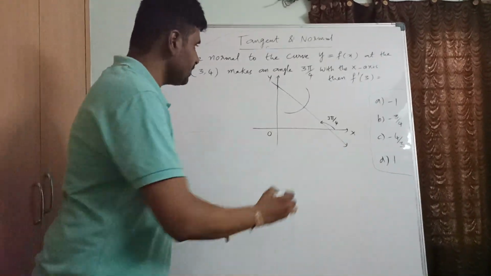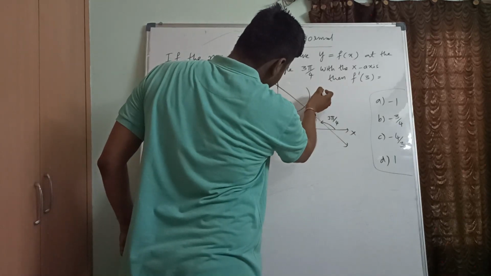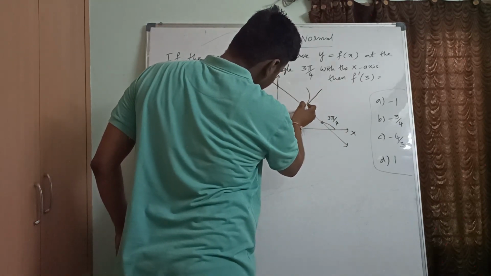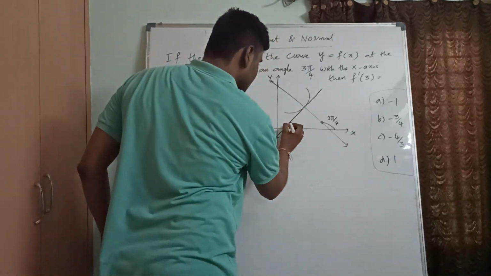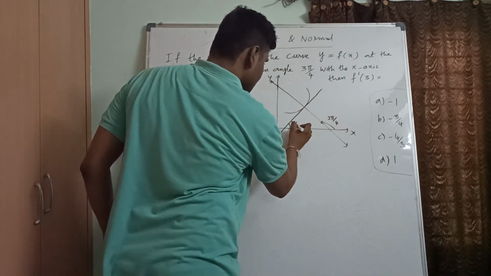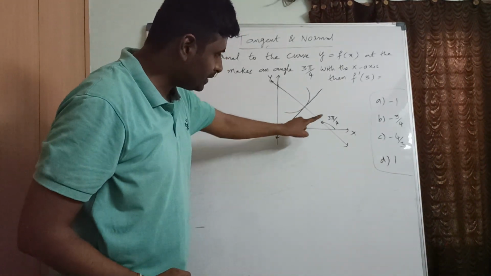So normal is making 3 pi by 4 angle. Obviously the tangent is a line always perpendicular to the normal. So this will be pi by 4. Correct or not? Because 90 plus 45, 135.